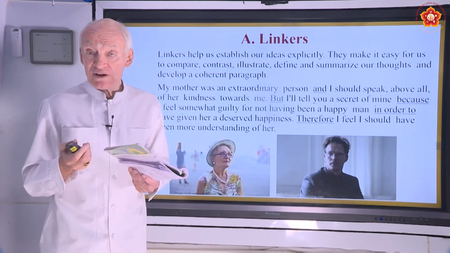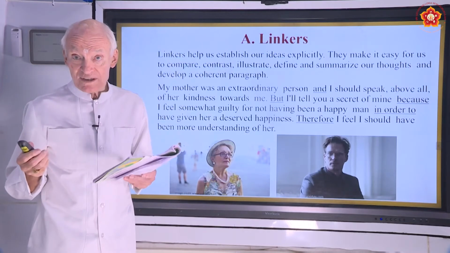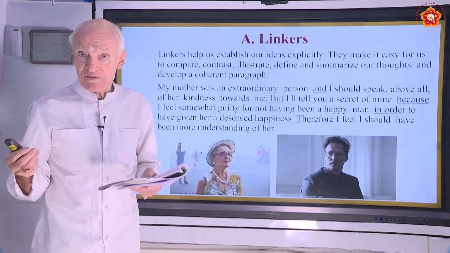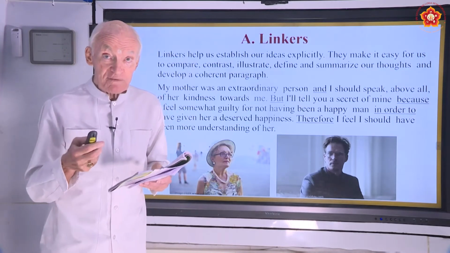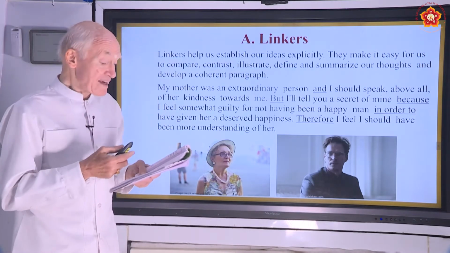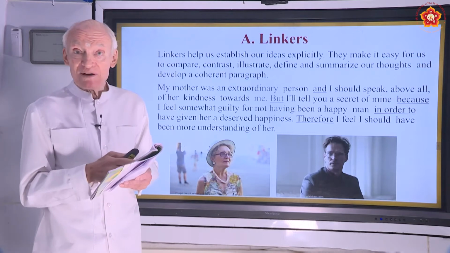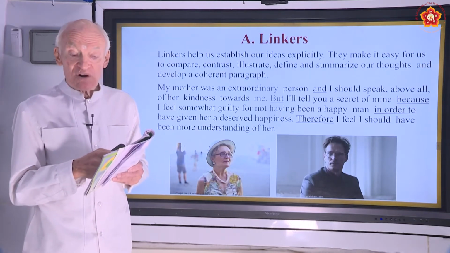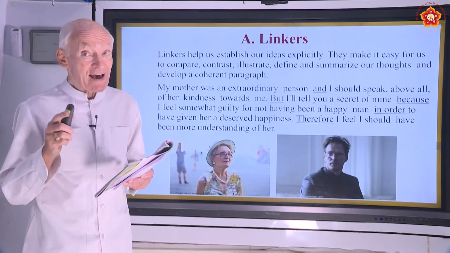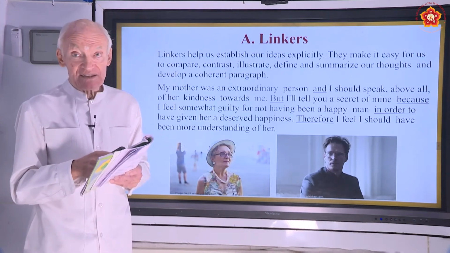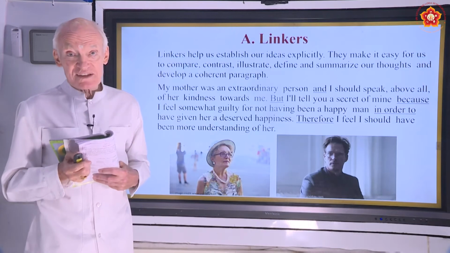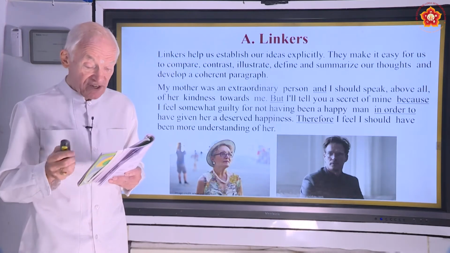We read earlier in our textbook about Borges and the autobiography that he had written. And he told about his mother. We pull a paragraph from that, and he says, "My mother was an extraordinary person, and I should speak above all of her kindness towards me." This was an exceptional mother that really took good care of him.